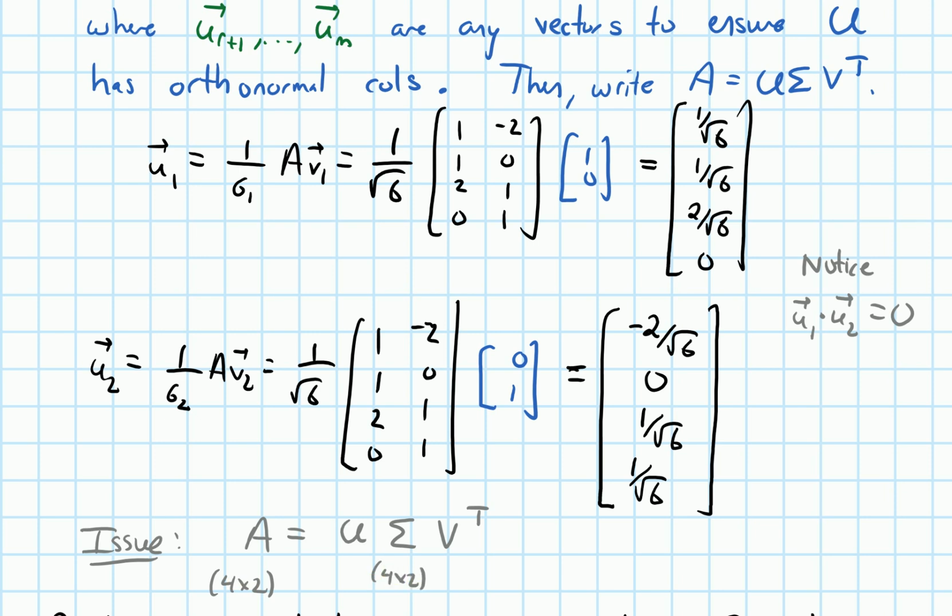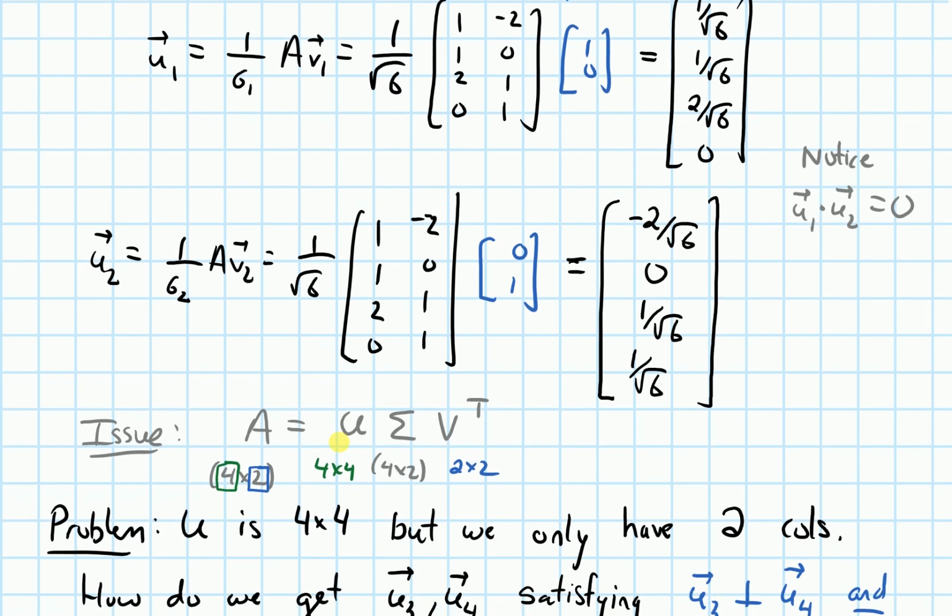Sigma and A have the same size. U's size corresponds to the number of rows of A, so it's going to be 4 by 4. And V's size corresponds to the number of columns of A, so 2 by 2. So the problem now is we've only found 2 columns of U, but U is supposed to have 4 columns because it's a 4 by 4 matrix.